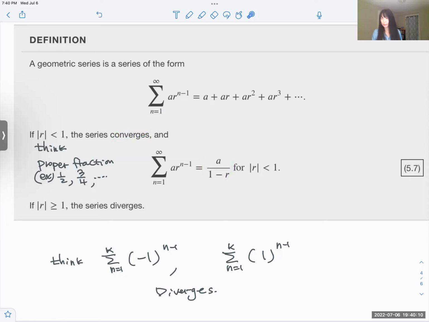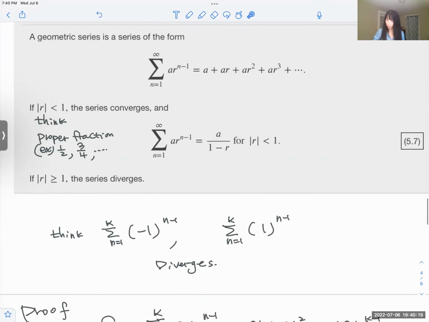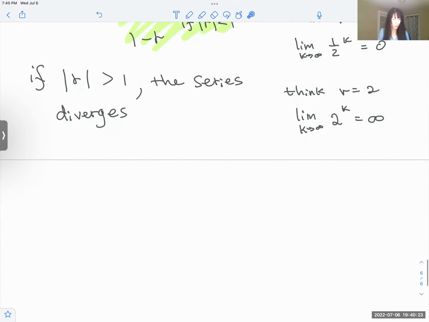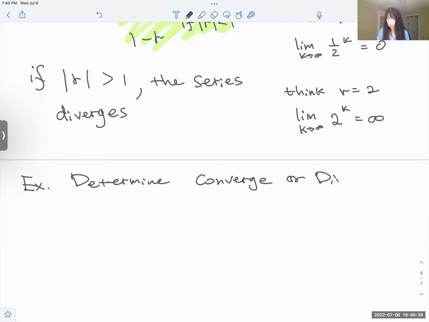Okay, let us do this. Easy one first, right? This is the one. We have to determine whether the series converges or diverges.